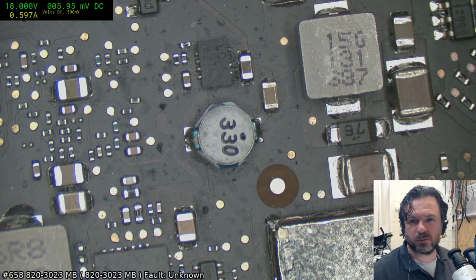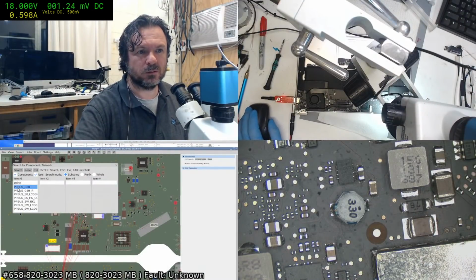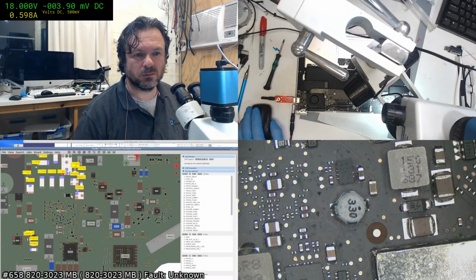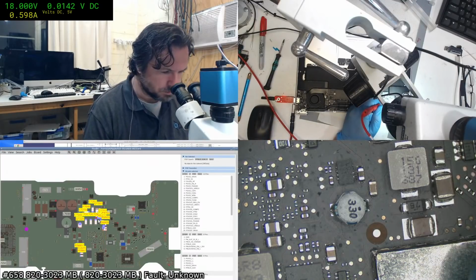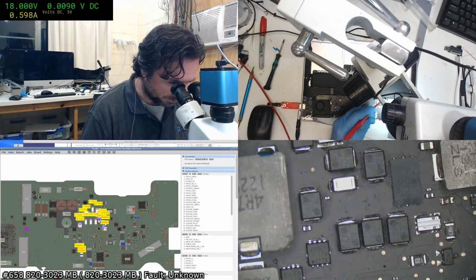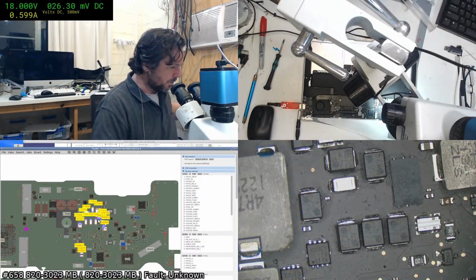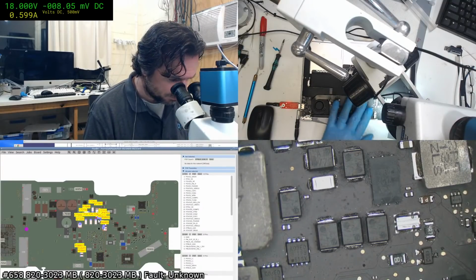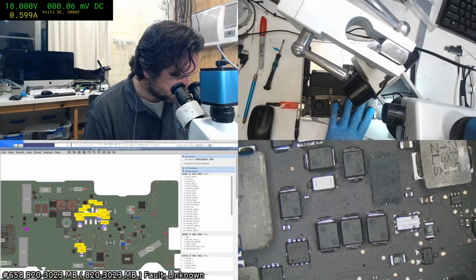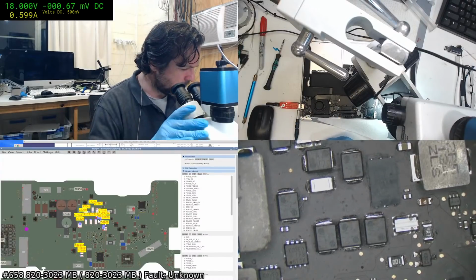Okay, well let's see what PP bus is. I think that PCH is fire trucked. 830. Okay, so we don't have an SMC running. But that CPU is toasting up something serious.